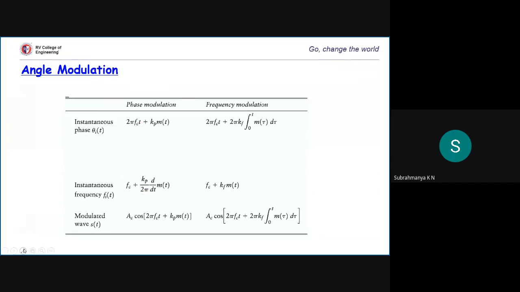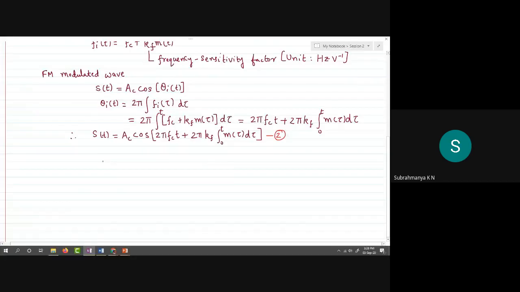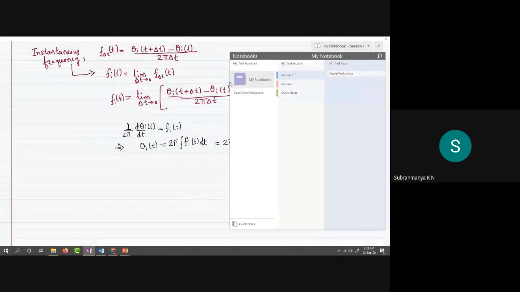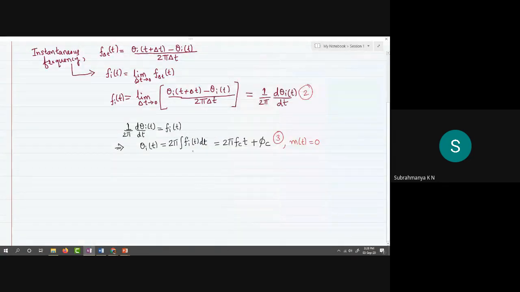How do you obtain this instantaneous frequency of your phase modulated signal? What is the relation between theta i of t and fi of t? That was dealt with in session 1. If I go back to session 1, this is the relation that we are going to use most often. The relation between instantaneous frequency and instantaneous angle is used most often.